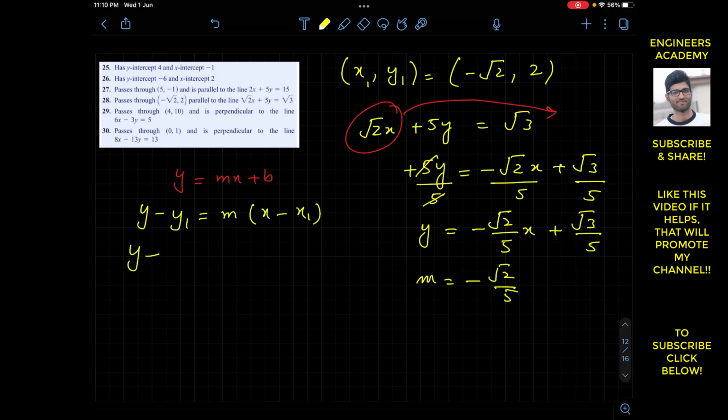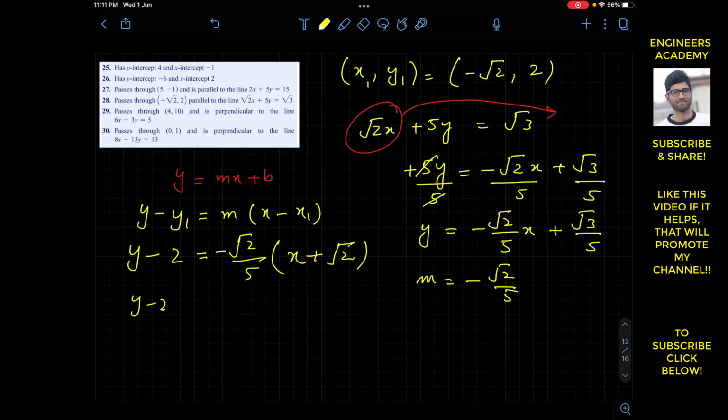Now y1 is 2, so we can write y - 2, and the slope value is -√2/5, and x - x1. So x1 is -√2, so minus √2 will make this positive. So we will have the equation like this.